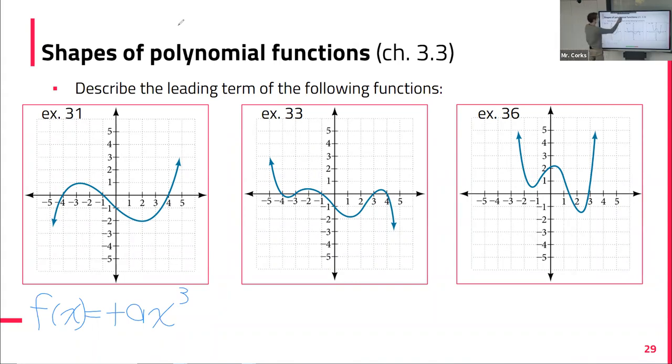Okay, so let's check our information here. On the right side, going up, so must be a positive coefficient here. Also, left side is going down. We know the exponent must be an odd number. And why 3?